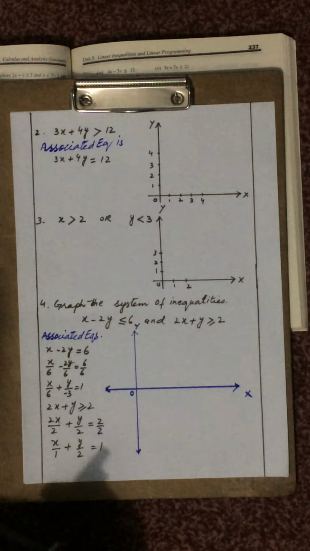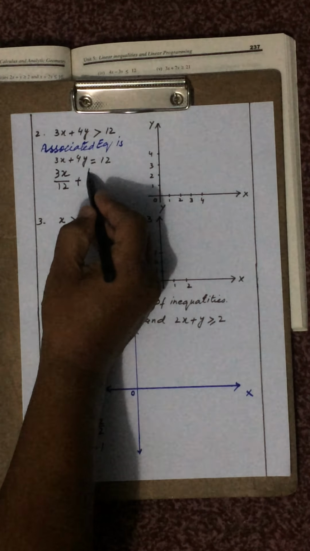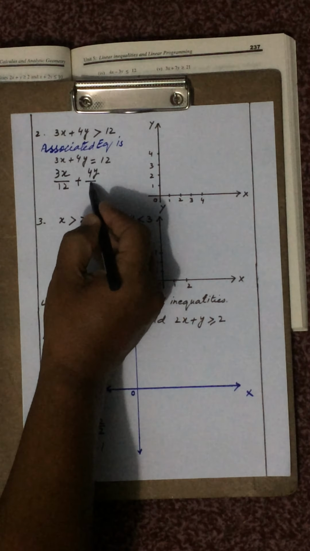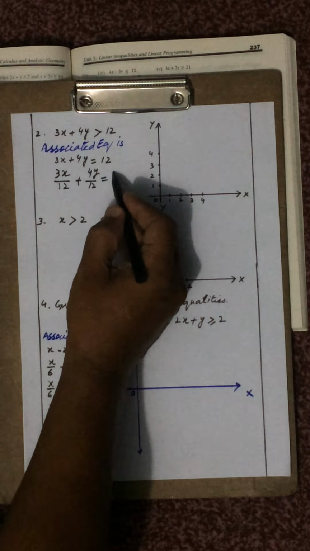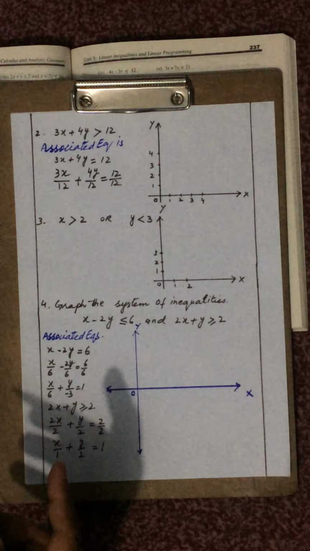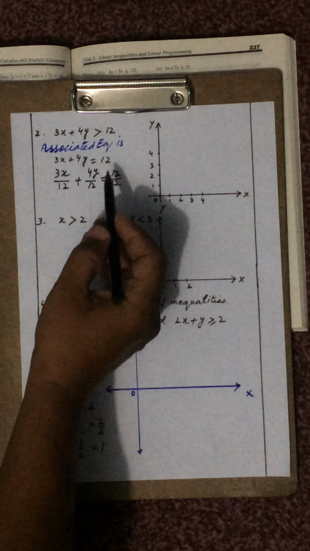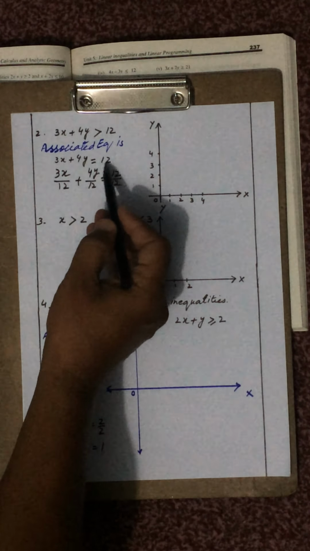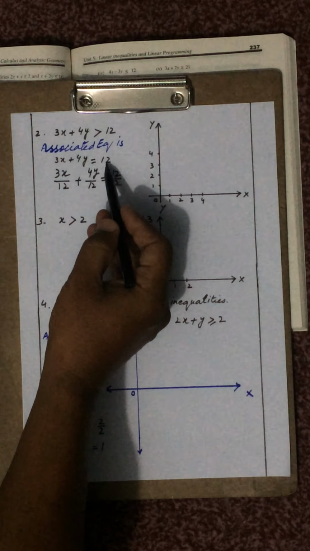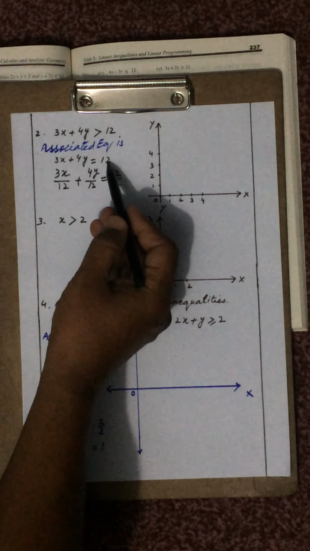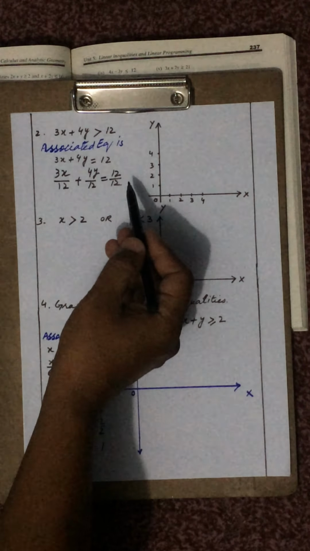3x over 12 plus 4y over 12 equals 12 over 12. So by which number do we divide? The number which is on the right side of the equation. If there is 12, then we divide the whole equation by 12.